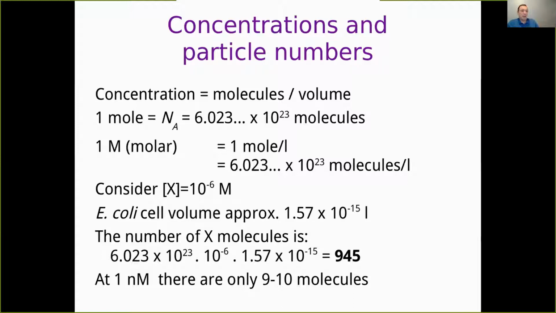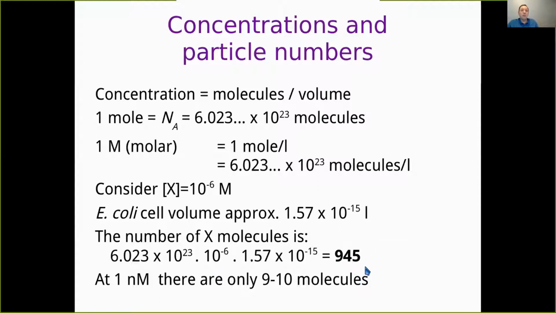If you think about how many molecules are in a mole, you can calculate that for something that exists in the cell at a concentration of micromolar, 10 to the minus 6 of a molar, the number of molecules is 945.